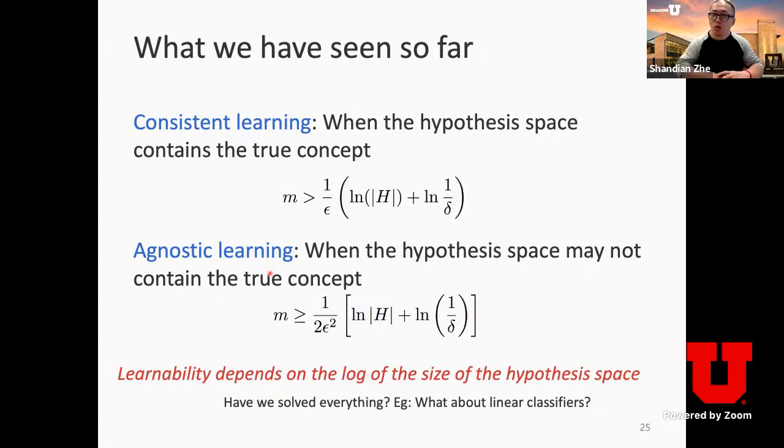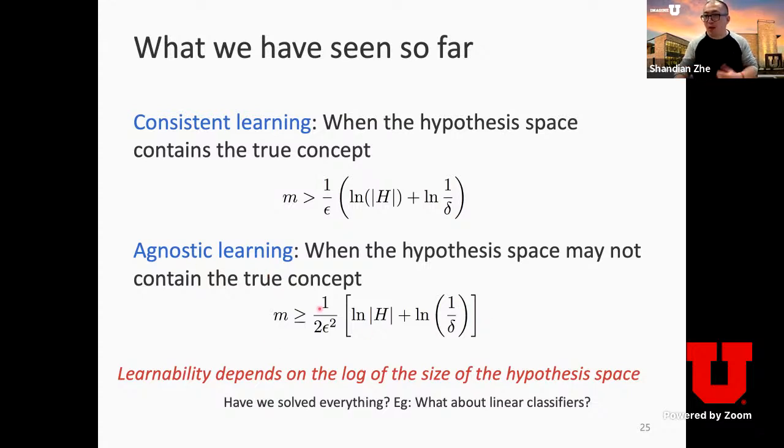We are still given a set of training examples, and we still want to run our algorithm, search over the hypothesis space to find a hypothesis which can best fit the training data, although your training error is no longer guaranteed to be zero. And under such a learning setting, we still can derive some guarantee about the generalization error based on the training error. We can derive some sample complexity bound similar to that obtained in consistent learning.